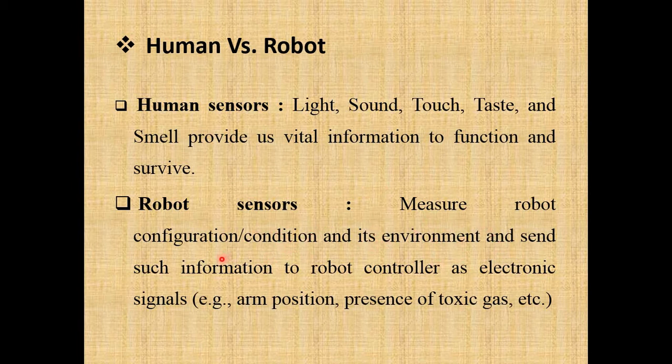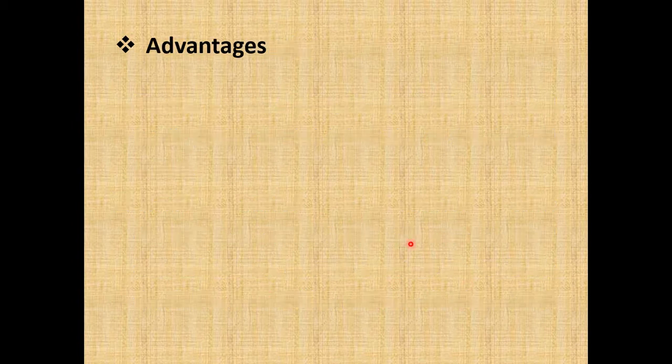Accordingly it will sense, and after that it will send information to the robot controller as an electric signal, like arm position, presence of toxic gas, humidity, temperature, and location of objects. So these different types of sensors are available in robots.